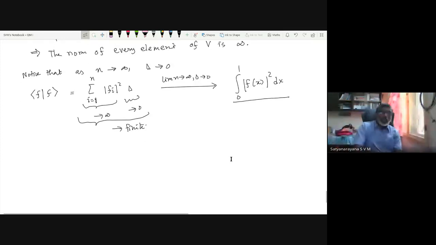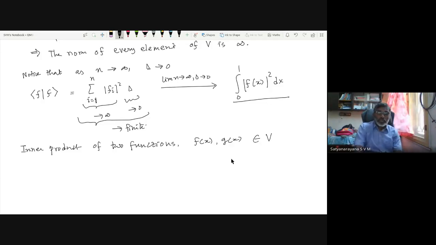The inner product of two functions f of x and g of x in this vector space V, using a bracket notation for the time being, f of x comma g of x, is equal to the integral from 0 to 1 of f star of x into g of x dx.